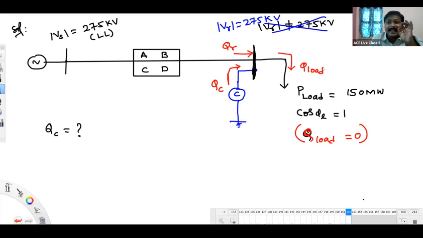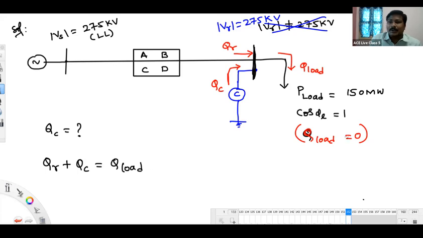Two incoming, one outgoing. What are the two incoming? QR plus QC. Outgoing is Q load. So you can write now: QR plus QC is equal to Q load value.